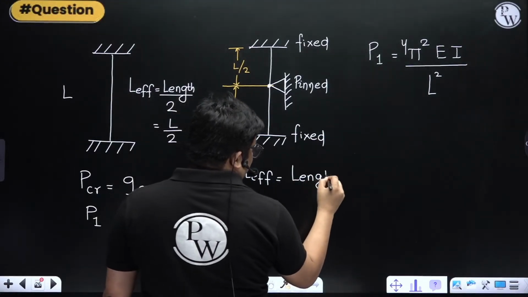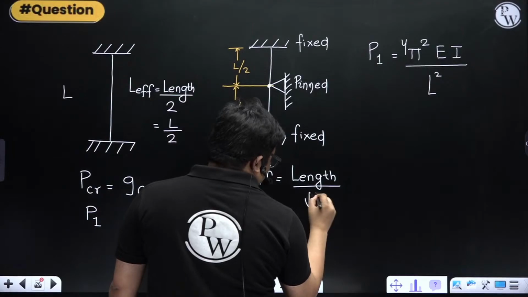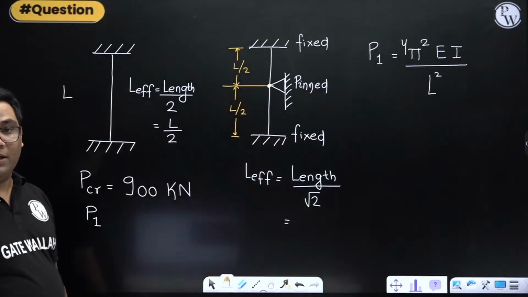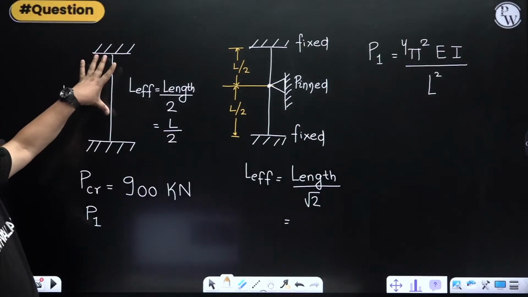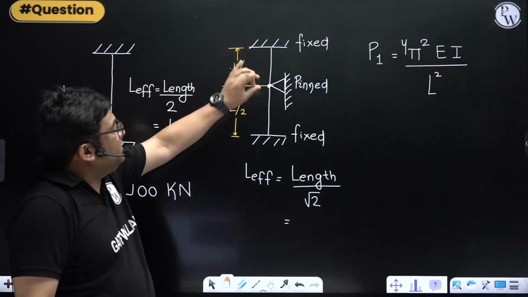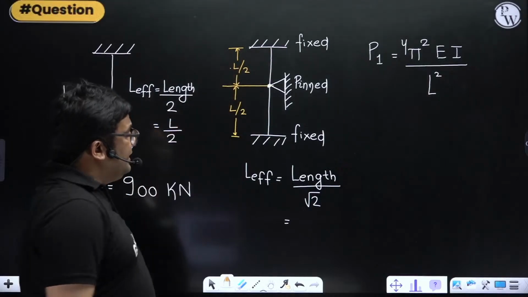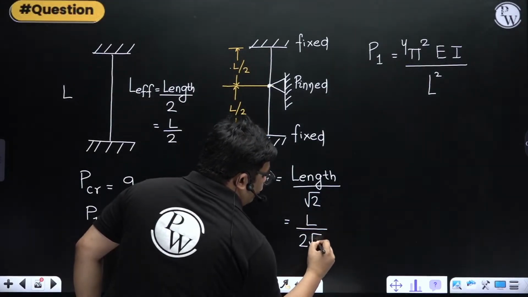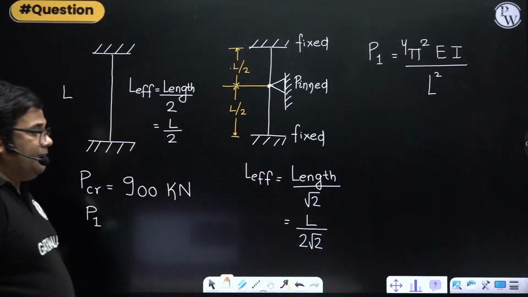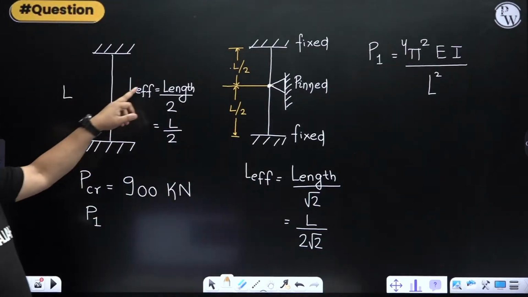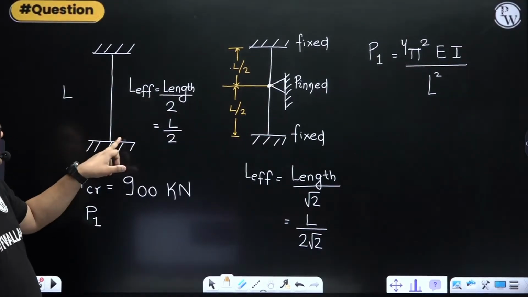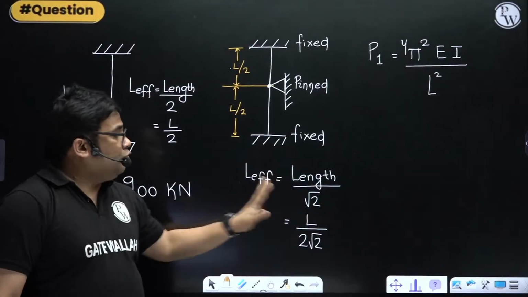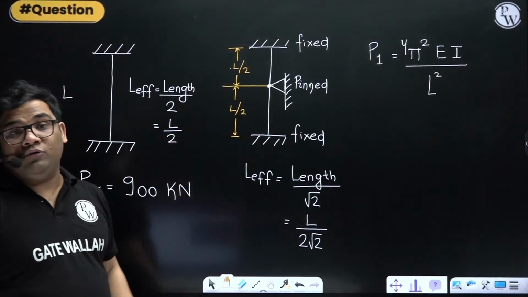But here length is L by 2, while earlier the length was L only. Each column is L by 2, because we have pinned at the mid. So this will become L by 2 root 2. Understood why it became L by 2 root 2? Earlier it was length by 2, both ends fixed, and length is L. Here it is length by root 2 and length is L by 2.